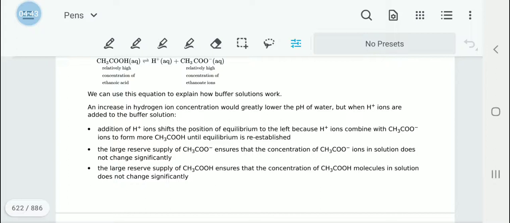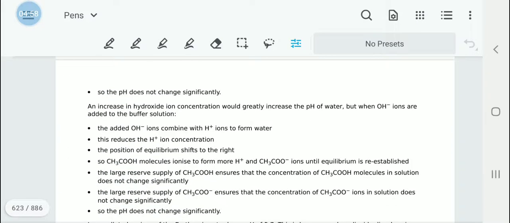At the same time, there is a lot of CH3COOH. Because that concentration is high, the newly formed CH3COOH would not have a significant impact on the number of ethanoic acid molecules. As a result, the pH does not change much.